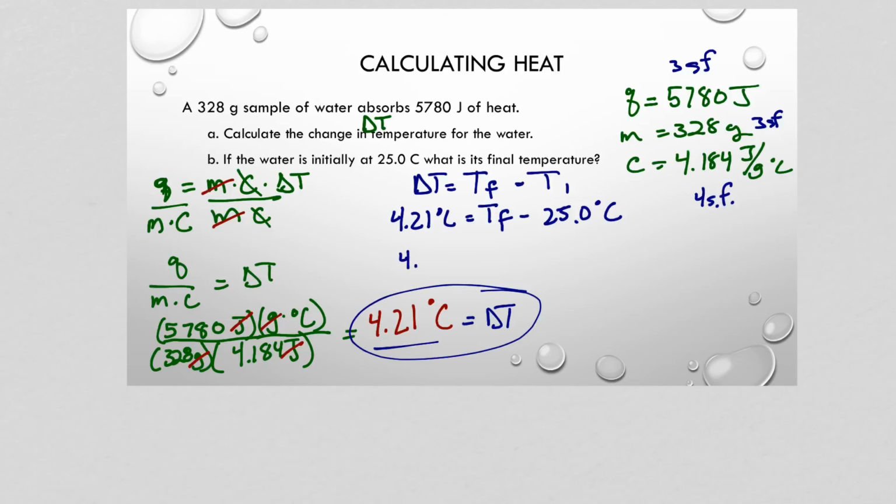So 4.21 plus 25 equals the final temperature, which equals 29.21 degrees Celsius.